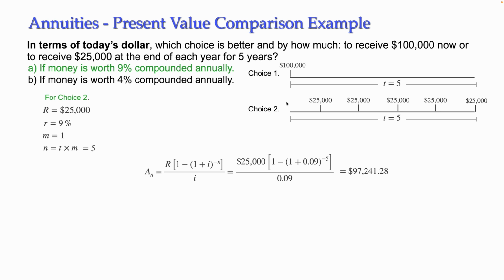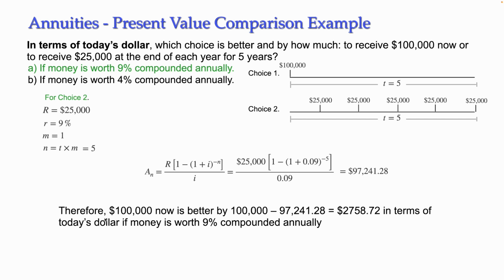So in terms of today's dollar, if we are receiving $25,000 at the end of every year, this will be only $97,241.28, less than this $100,000, because we are receiving money, so it will be better to receive more. So this $100,000 will be more. Therefore, $100,000 now is better by the difference of these two amounts, $2,758.72 in terms of today's dollars.